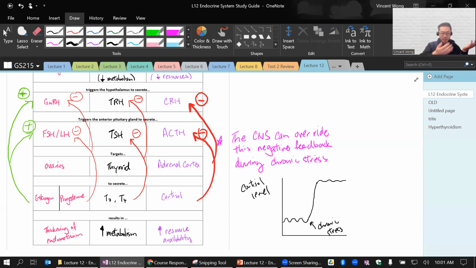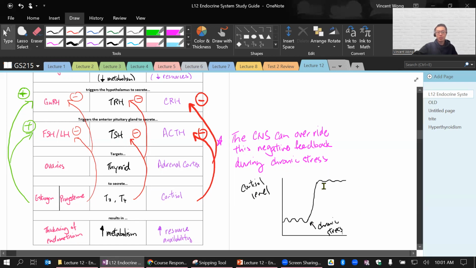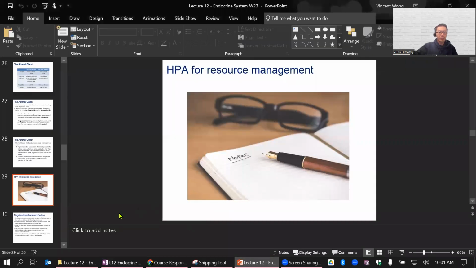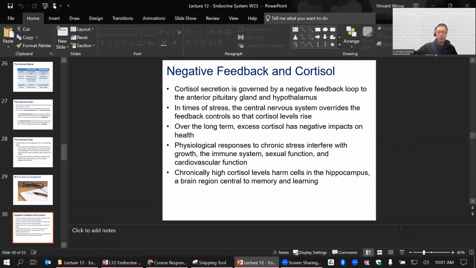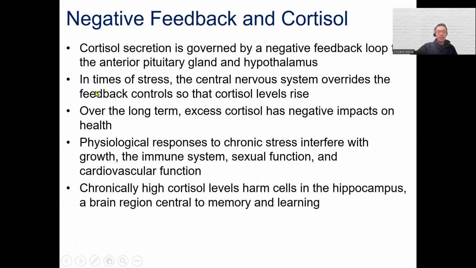Now, chronic stress, as you probably can imagine, is not good for the body. So high level of cortisol actually has negative effect on the body. Do I have a slide on that? I do. Okay, let's see. So in times of stress, chronic stress, the CNS overrides the negative feedback loop, so cortisol level rises.